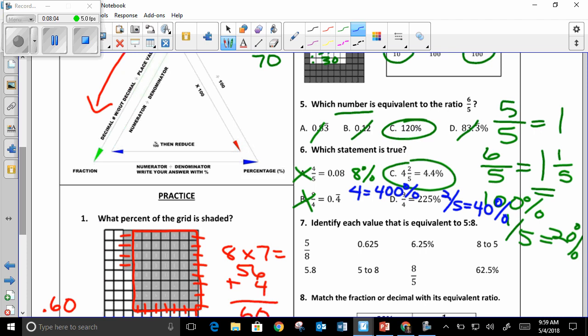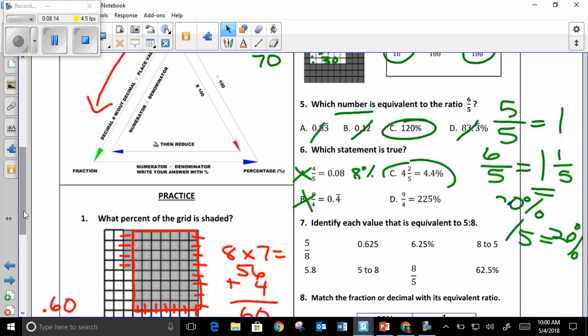Yes? Okay. Are there any questions so far? What about D? Let's look at D. You think D is better? Let's try it out. 9/4 is what? 4 goes into 9 how many times? 2 times with how many left over? 1/4.